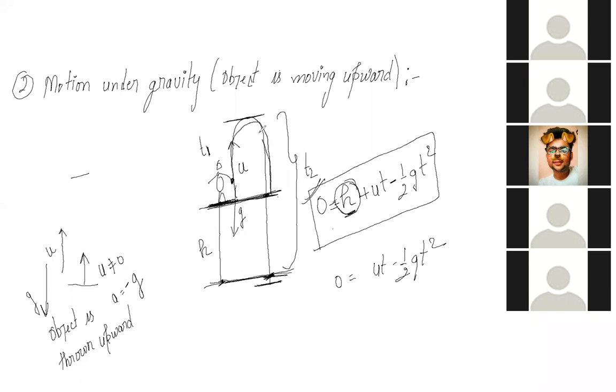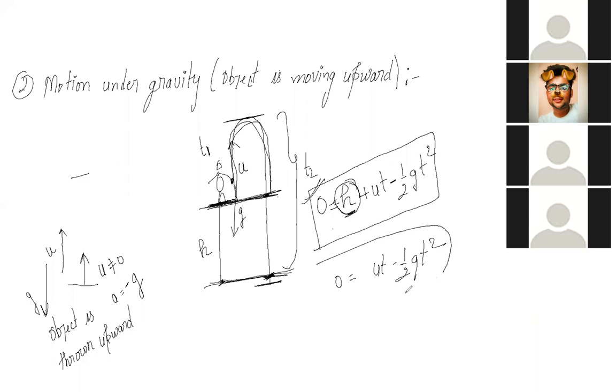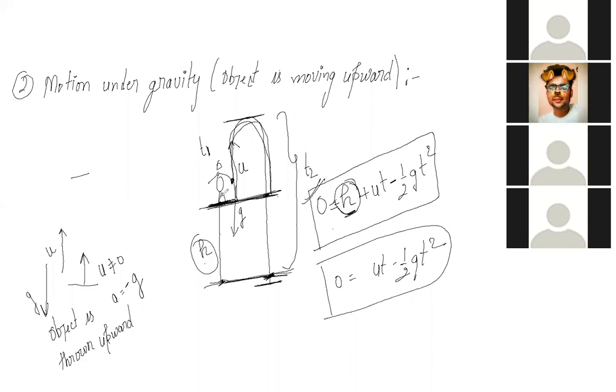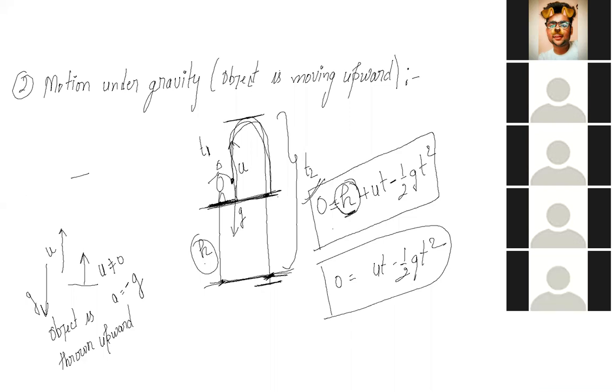But if you are writing this h plus, then you will find out the whole time. So let's see one example, and how we can understand these things in a clear manner. One question is there in your NCERT. I will go through that, but I will first discuss a general concept here, then we'll come to that question also.